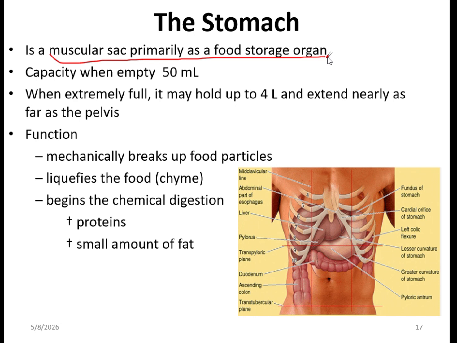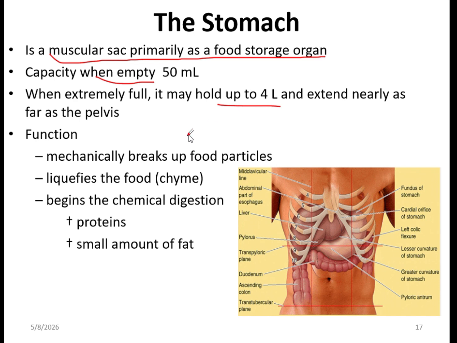The starting part between the esophagus and the stomach is known as the gastroesophageal sphincter or the cardiac sphincter, and at the last part, in the pylorus region, a pyloric sphincter is present.